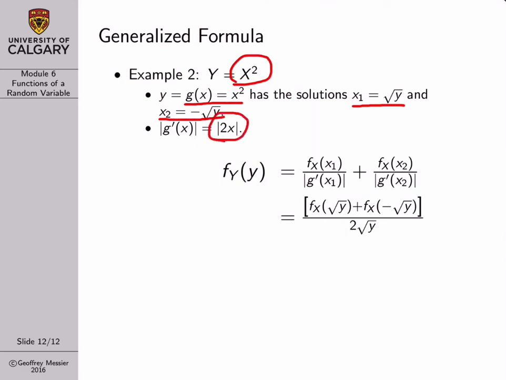Since we have two solutions, we have two terms in our summation: f of x with x1 as its argument plus f of x with x2 as its argument, and the derivative also with x1 and x2 as its arguments. Since we're taking the magnitude, we get rid of the negative sign, and in both cases our denominator is equal to 2 root y.